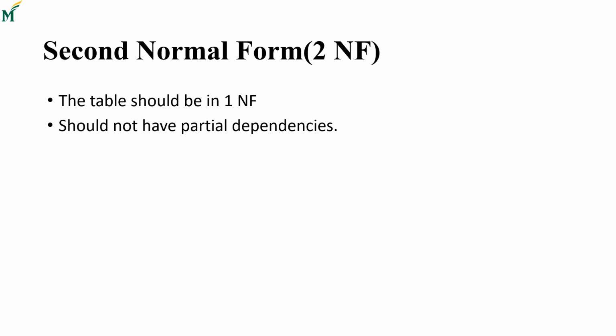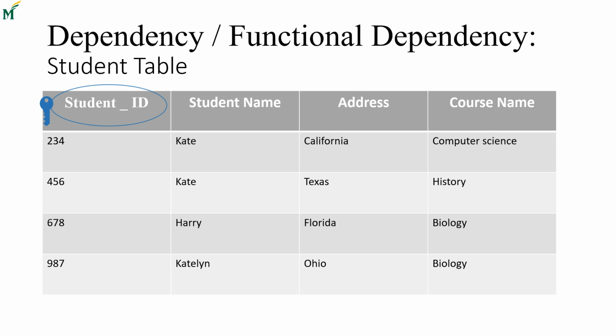Second normal form. The table should be in the first normal form and should not have partial dependencies. In this table, the student ID acts as the primary key, which is also unique.